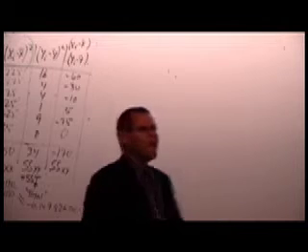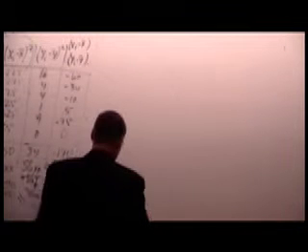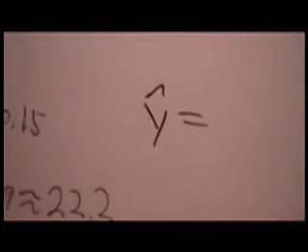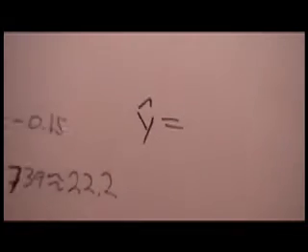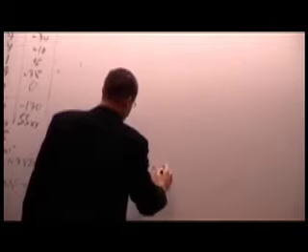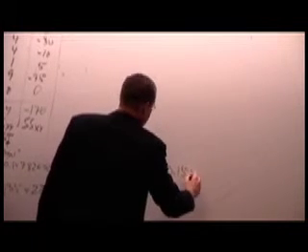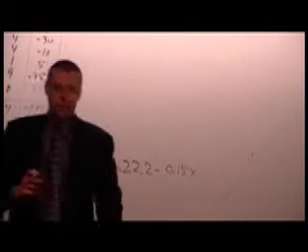First thing is to write down the equation. Once you get to this stage, you have to be able to write down y hat is equal to, and so on. What is y hat equal to? 22.2 minus 0.15 x. Exactly. Are there any questions on this?